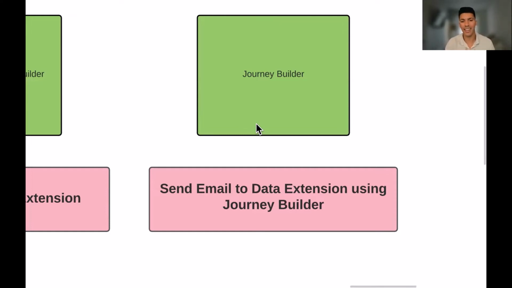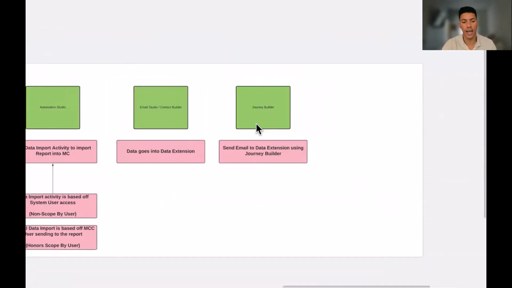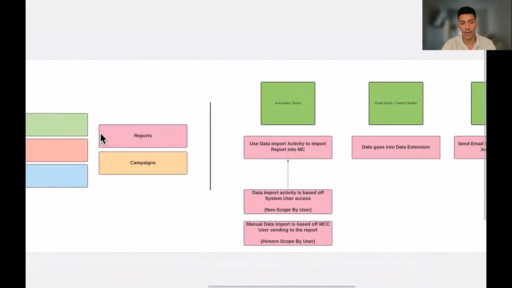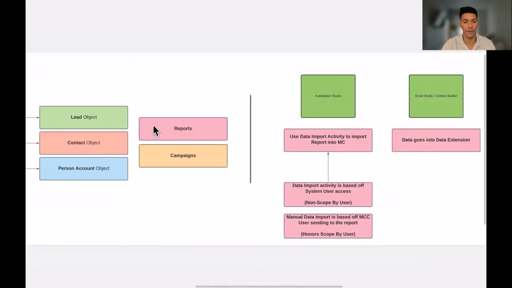But at the end of the day, when you can say, I have pulled all my data from Salesforce that I need for this send automatically, because my data needs to sit in Salesforce first, because that's my CRM.